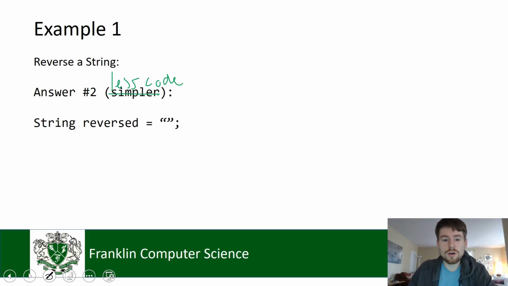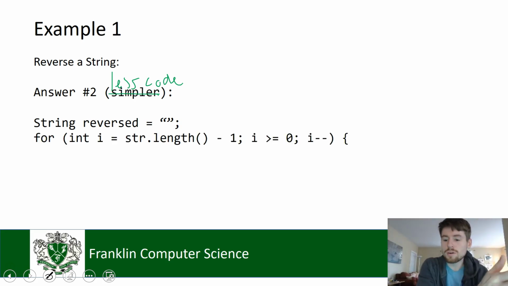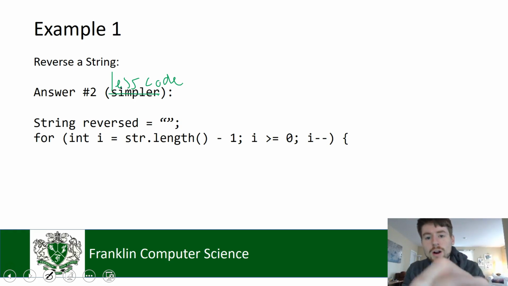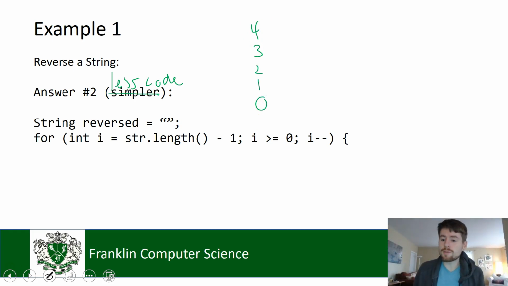Okay, so now we do the same setup. We create an empty string that's going to hold our answer. Then, instead of having our for loop go from 0 to string.length, we have our I values be the indexes that we want. Remember, our indexes for funny were 4, 3, and 0. So we just need a for loop that goes over those numbers.